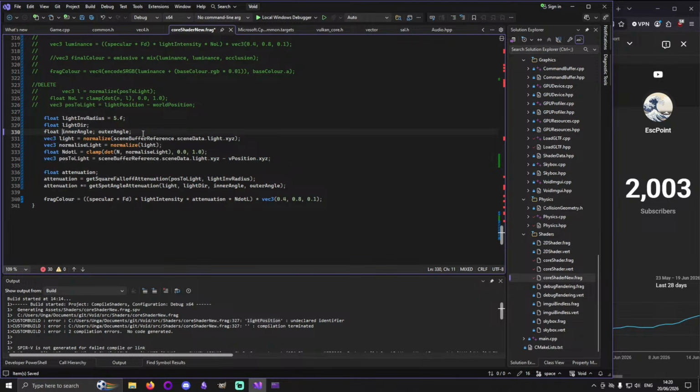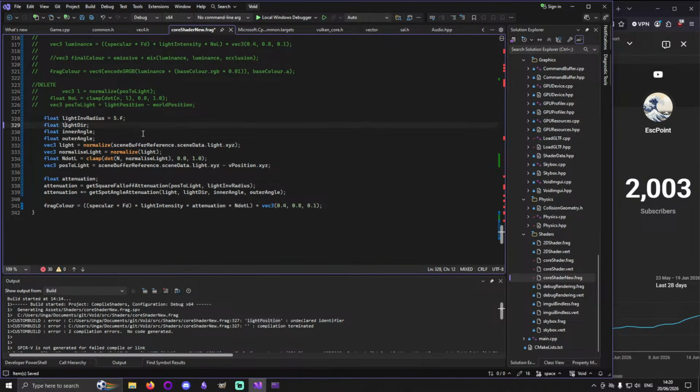So float, and float. Okay, so light direction. It's going to be very straightforward. It's going to be vec3, 0.0, 0.0. Inner angle.